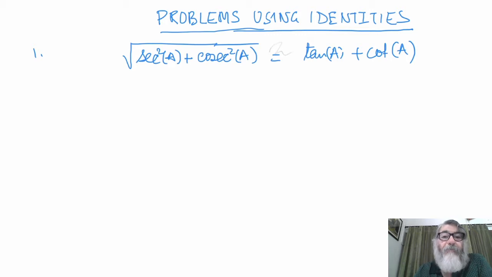We have been given the left hand side in terms of sec and cosec, and we want the right in terms of tan and cot. So obviously we will use the identity.